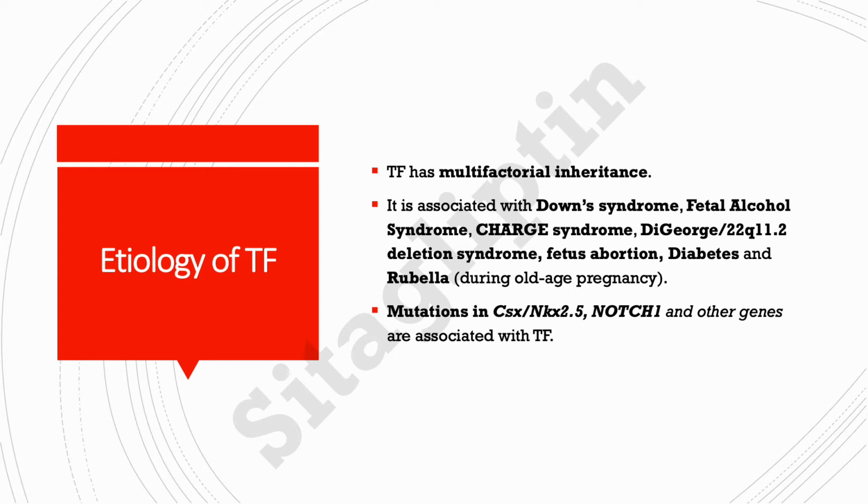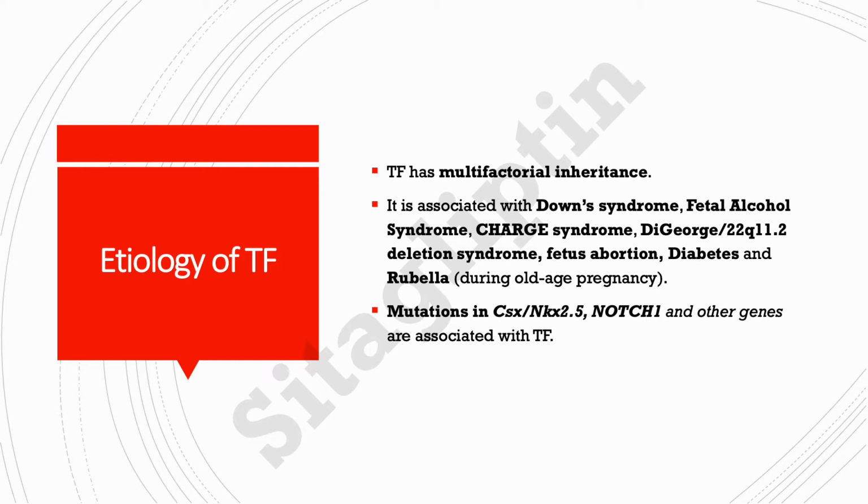And in most cases, not all, but most cases, fetal alcohol syndrome: when the baby is developing in the womb and the mother is taking excessive quantities of alcohol, the most likely defect in the cardiac region of the fetus will be Tetralogy of Fallot. CHARGE syndrome. CHARGE is a mnemonic, and I won't go into the details, but it is a syndrome. It is also associated with DiGeorge, 22q11.2 deletion syndrome.